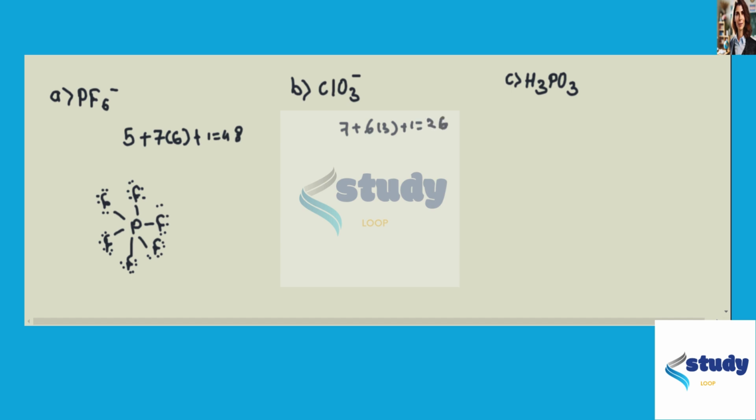The chlorine is the least electronegative, so it goes in the center and the oxygens around it. We use 2 valence electrons to form chemical bonds between the atoms, so we have used all 26 valence electrons and each atom now has an octet.